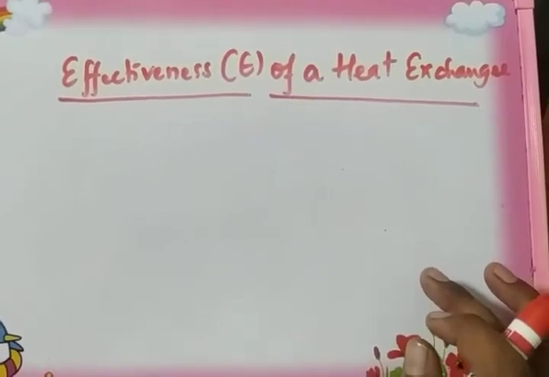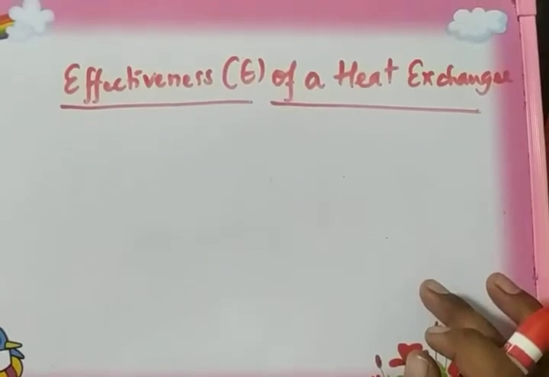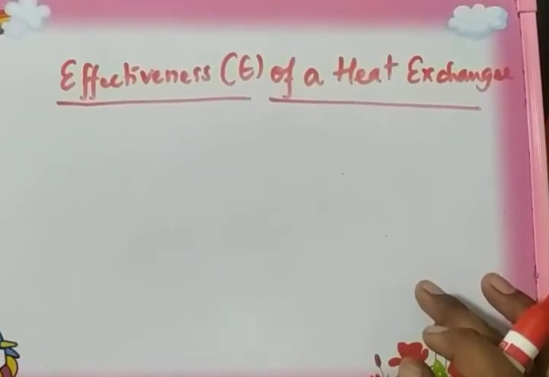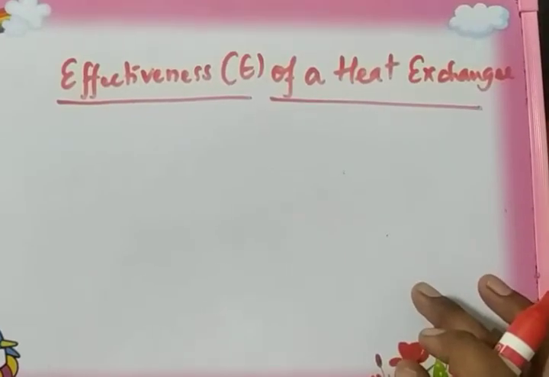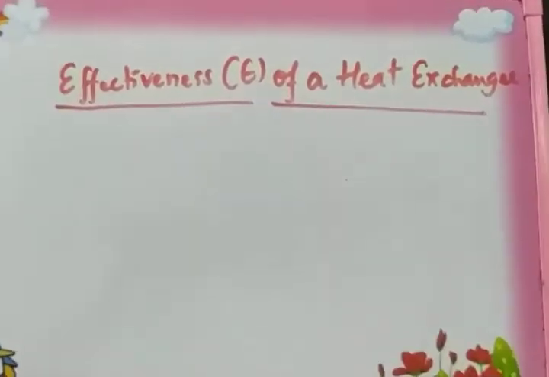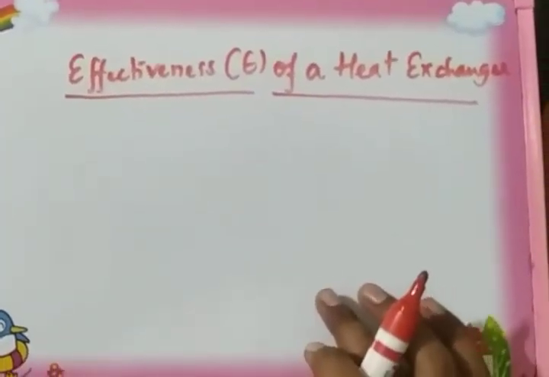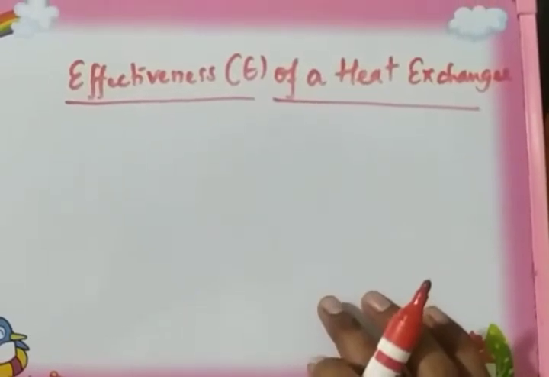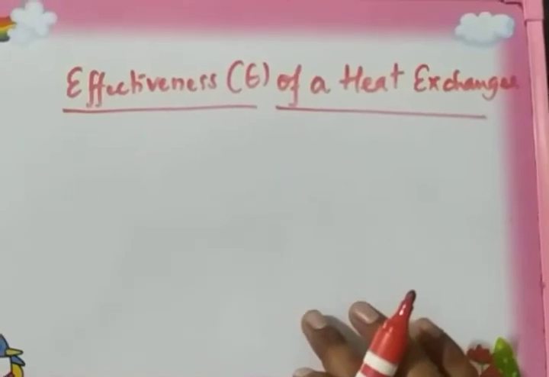Whenever two fluids flow into a heat exchanger, be it a parallel flow, counter flow, or a cross flow heat exchanger, how far are they able to exchange the energy, or in other words, how better are they in exchanging the heat between them with respect to the given area. That needs to be well understood, or it needs to be determined.